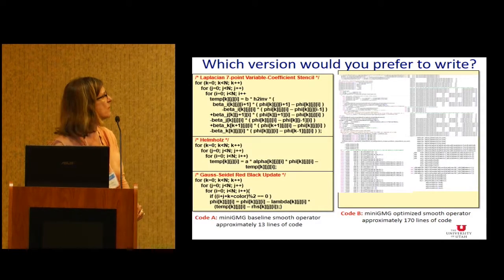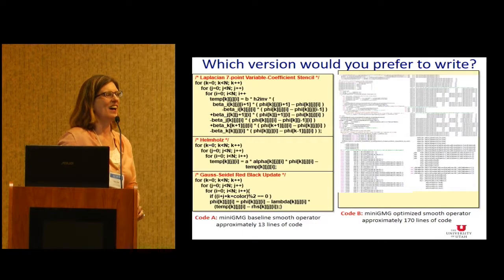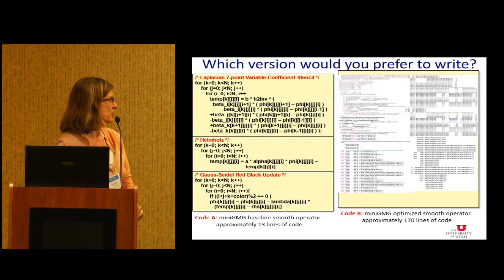Okay, so here's some code that you're going to see potentially in our live demo. Here on the left is the smooth operator from the mini-GMG benchmark. So it's a geometric multi-grid benchmark. And the code on the left is pretty short. It's 13 lines of code.